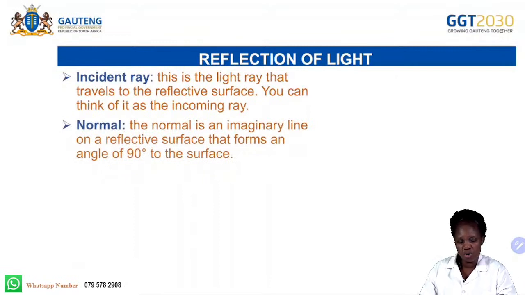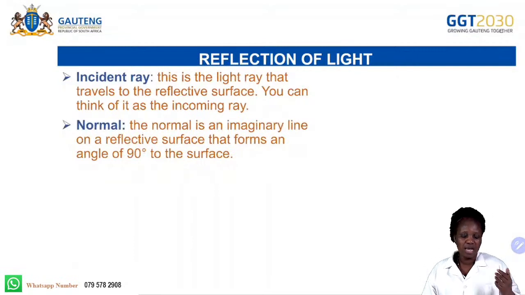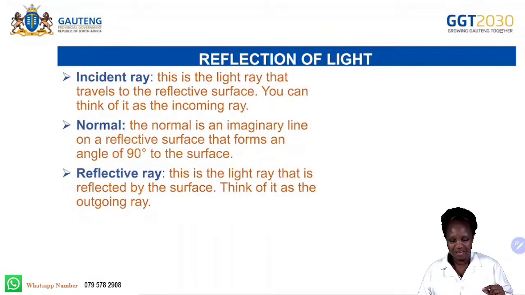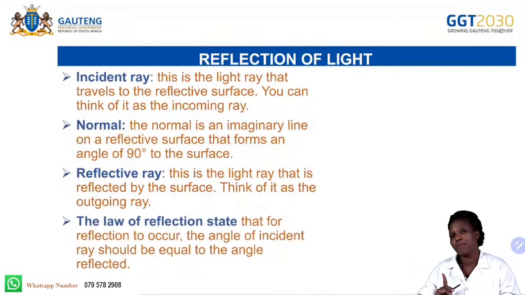And then we've got the normal. The normal is an imaginary line on a reflective surface that forms an angle of 90 degrees to the surface. Then what about the reflected ray? This is the light ray that is reflected by the surface. Think of it as an outgoing ray because it will be going to your eyes.